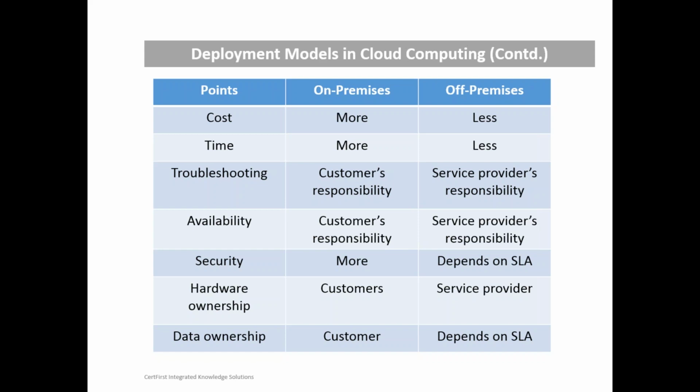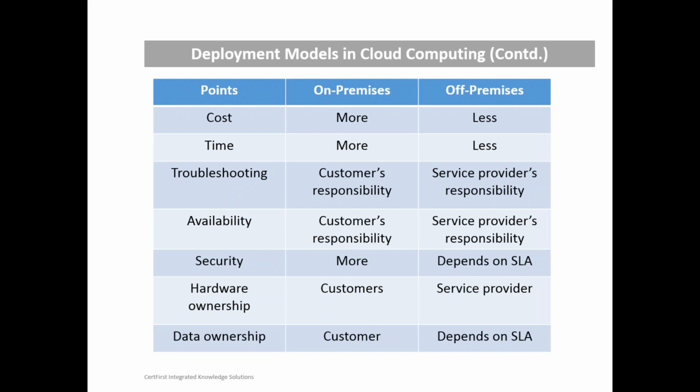Availability, 100%, is your responsibility when it's in your premise or in your office. But availability is the responsibility of the vendor in the cloud. If something goes down, you can question the vendor. Security is of course very high on your premise, but it depends on SLAs when it goes to the cloud. Hardware ownership, 100%, lies with you as a company when it's on your premise.